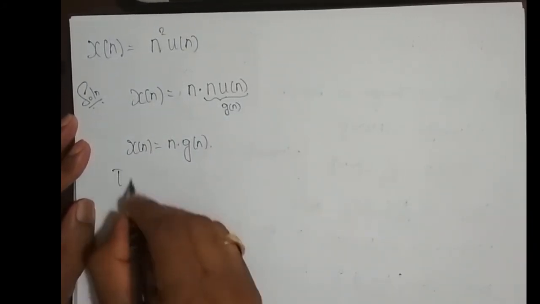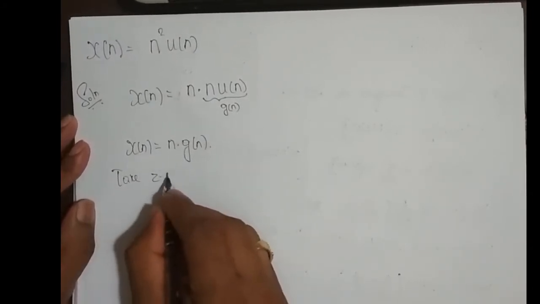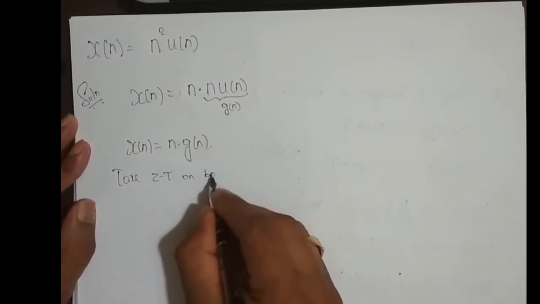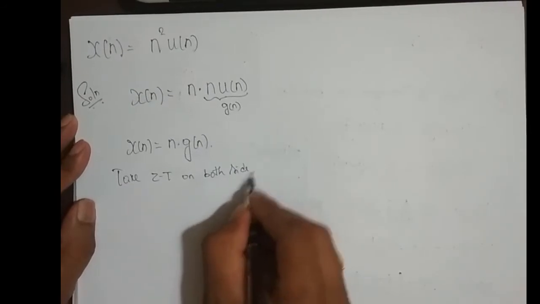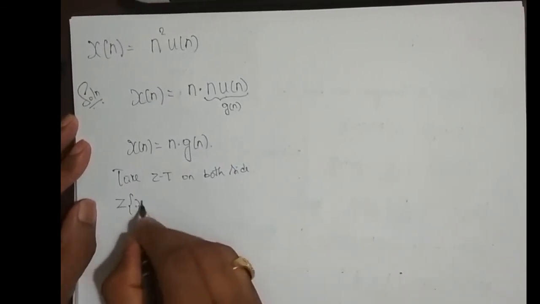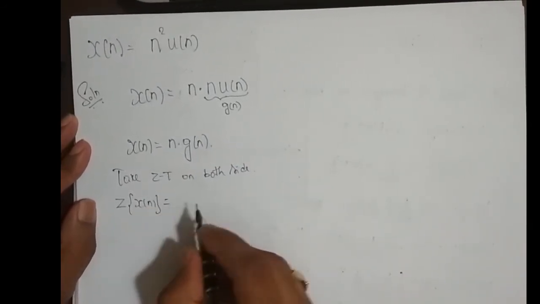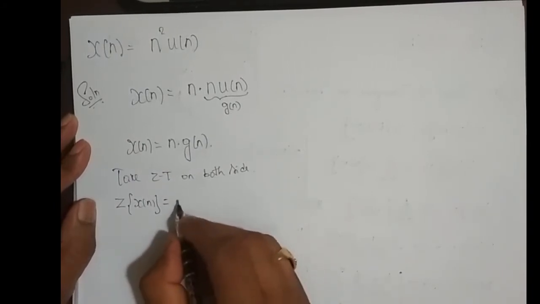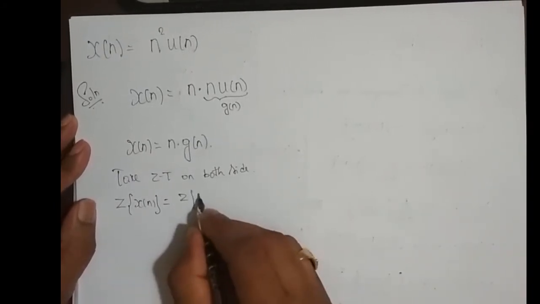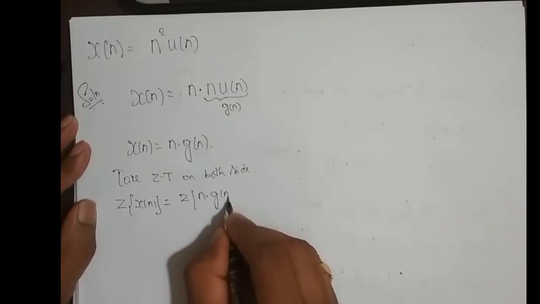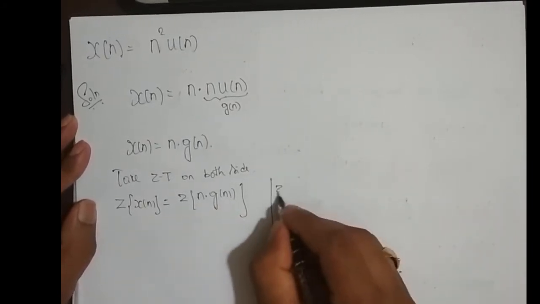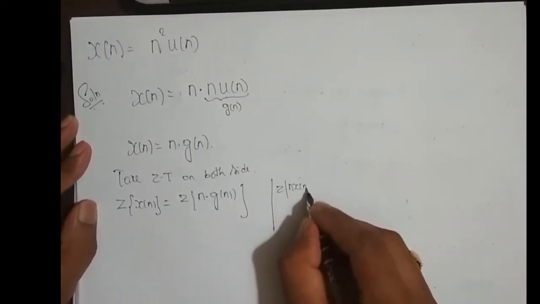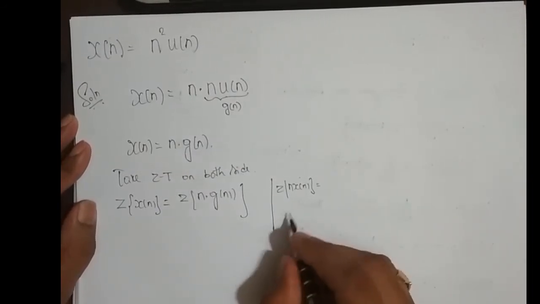Now I'll take the Z transform on both sides. The Z transform of x of n is equal to the Z transform of n times g of n. Which property is this? Multiplication by ramp, right?